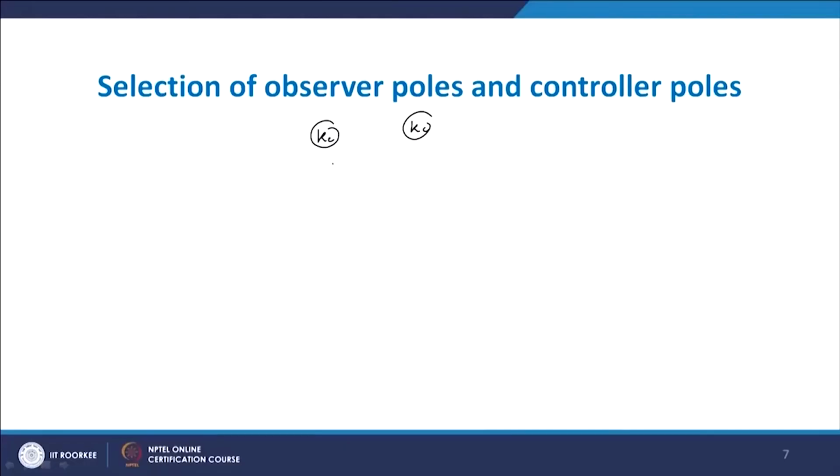That means, let us say I am taking 2 poles. Here OB is nothing but the observer poles, and here these poles, let us say OC, indicate the controller poles, and here these are observer poles.